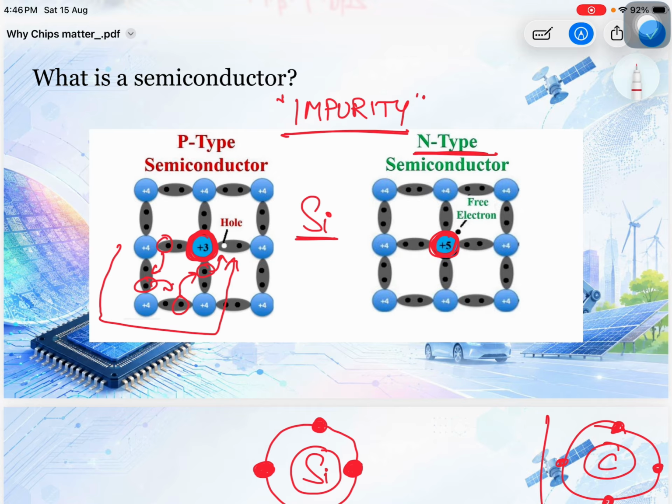We already know silicon has 4, so a 5 electron atom creates a free electron. This free electron is very unstable. It can jump here, here, here. The free electron can jump across the lattice, and this is how electricity is conducted here. So this is a very basic thing.